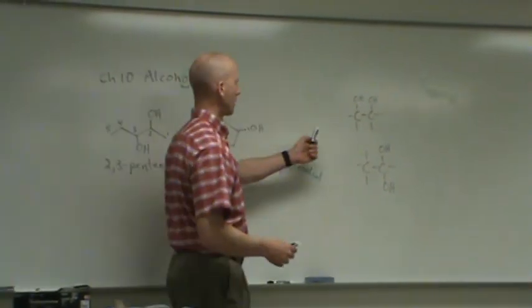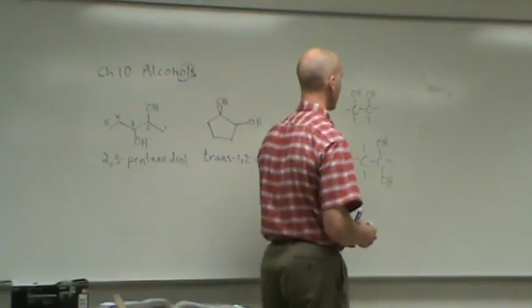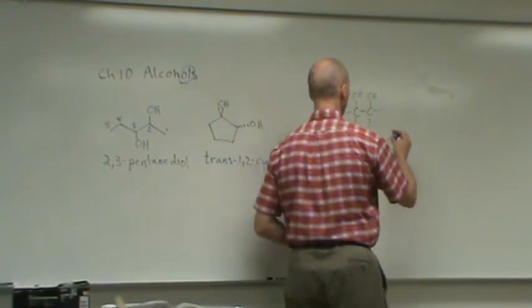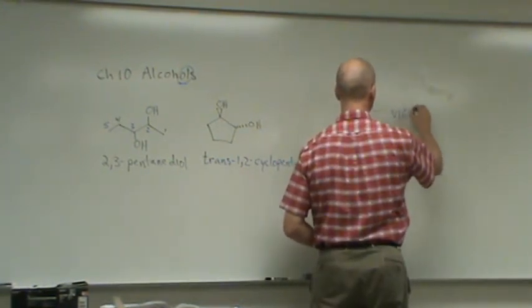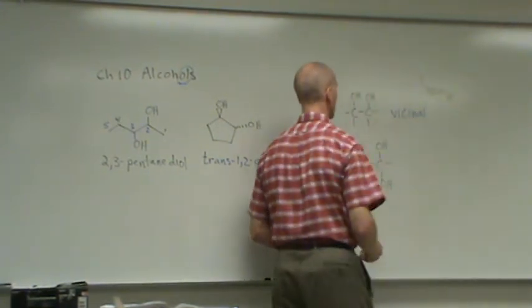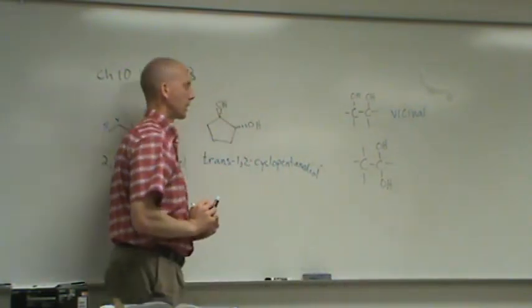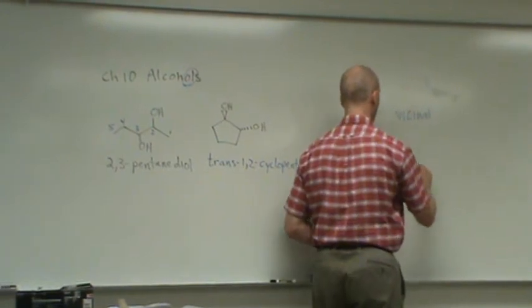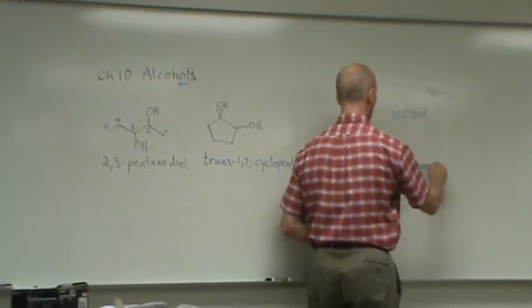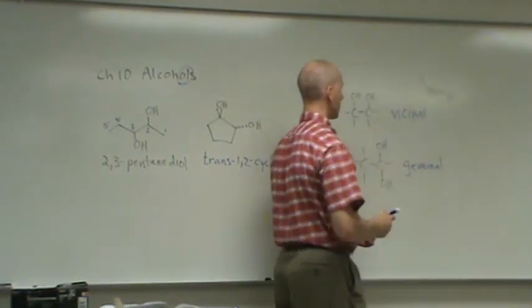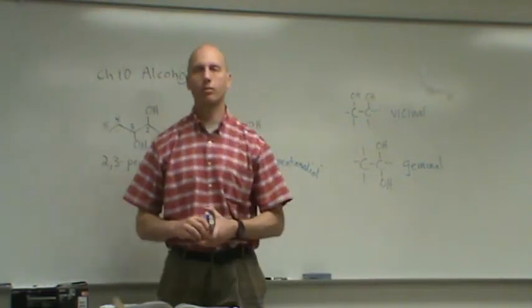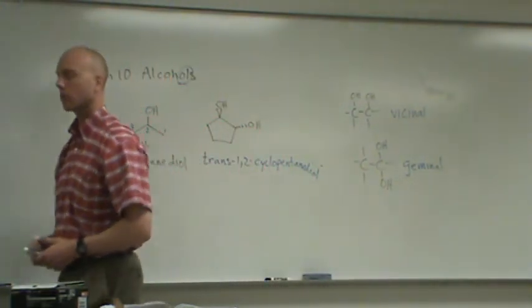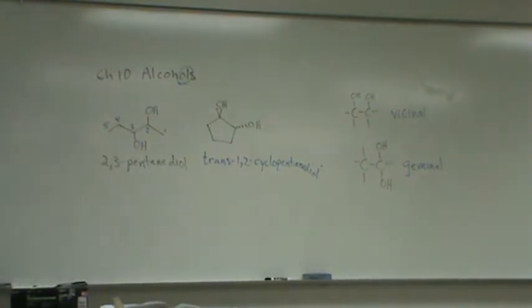So if they are on neighboring carbons, what kind of diol do you think that's called? Vicinal. And if they're on the same carbon, geminal. Okay, so again, remember that vicinal means neighbor and gem means on the same.